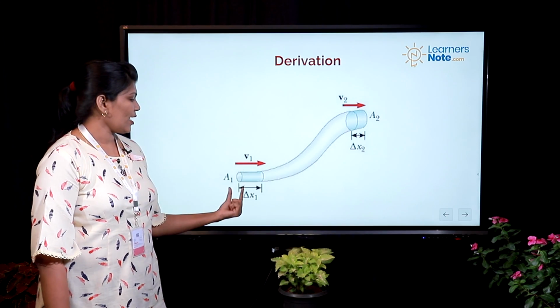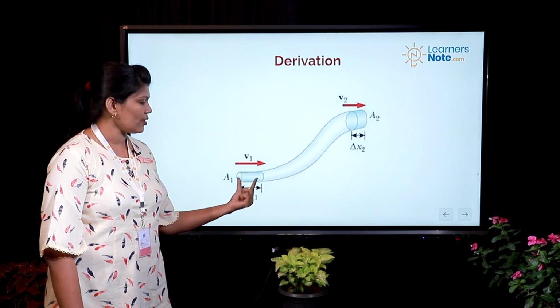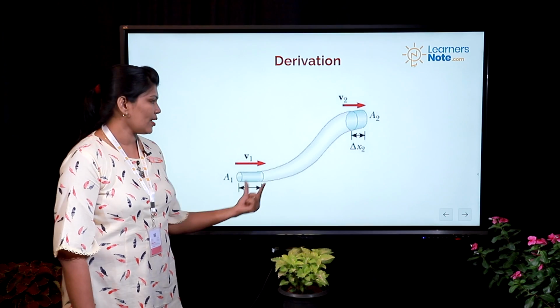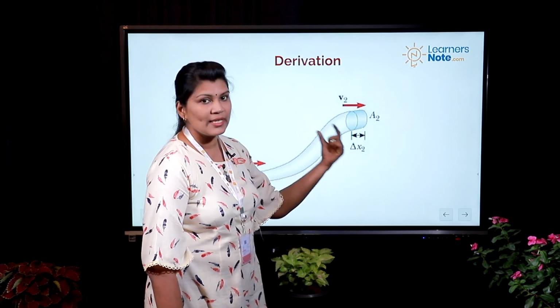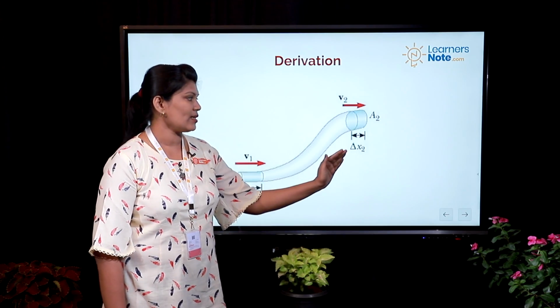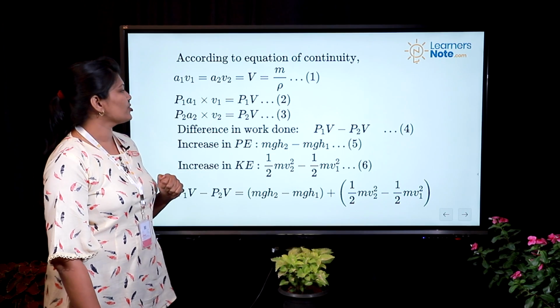So A1V1 will give the volume of liquid displaced from this portion in unit time, and A2V2 indicates the volume of liquid emerging out from that portion in unit time. Okay, so here is our continuity equation.